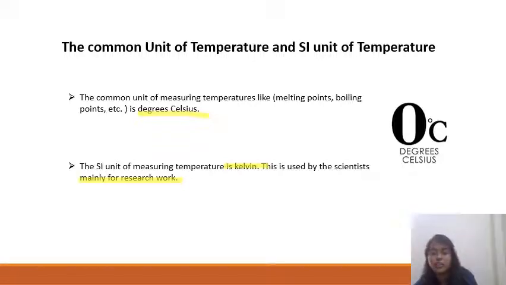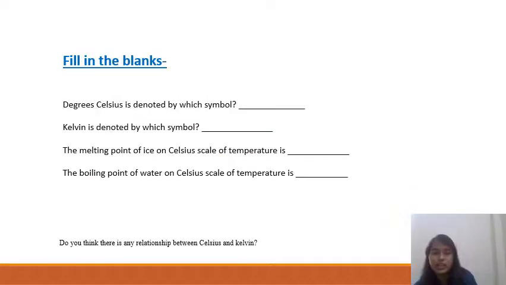Okay, moving ahead. Now fill in the blanks. You have to pause this video, read this statement and write it down. Degree Celsius is denoted by which symbol? Let me write: degree Celsius is denoted by degree and then C. And Kelvin is denoted by which symbol?